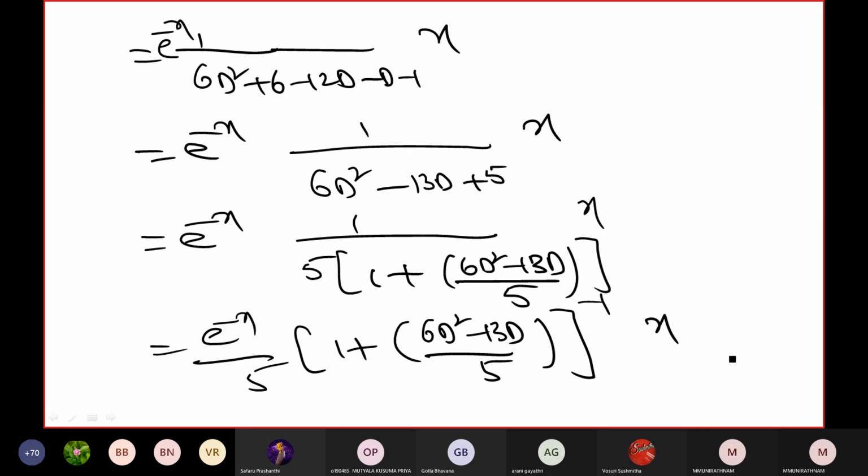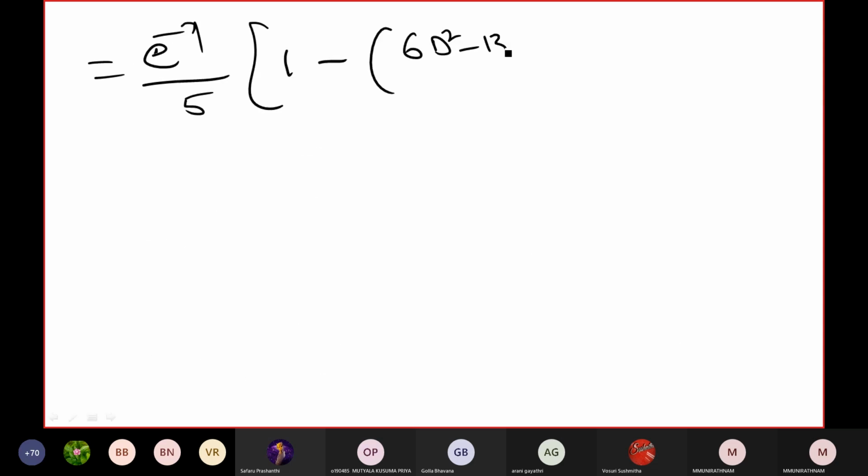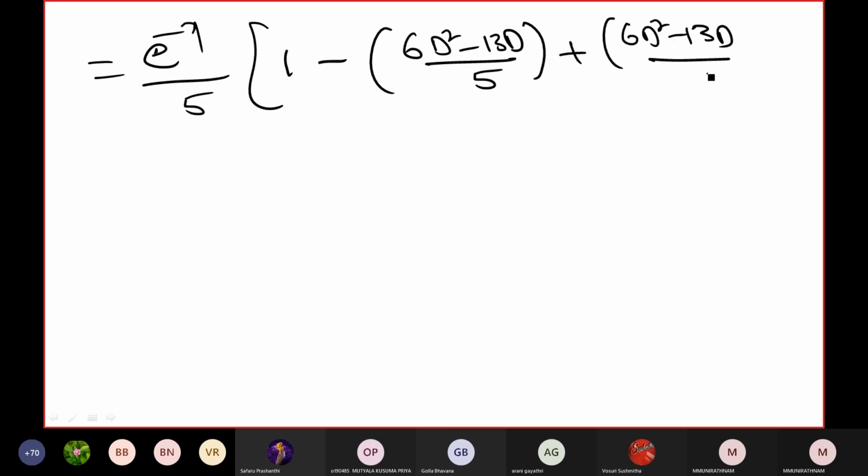Using the expansion, we'll expand this: 1 minus 6D square minus 13D by 5 plus 6D square minus 13D by 5 whole square.